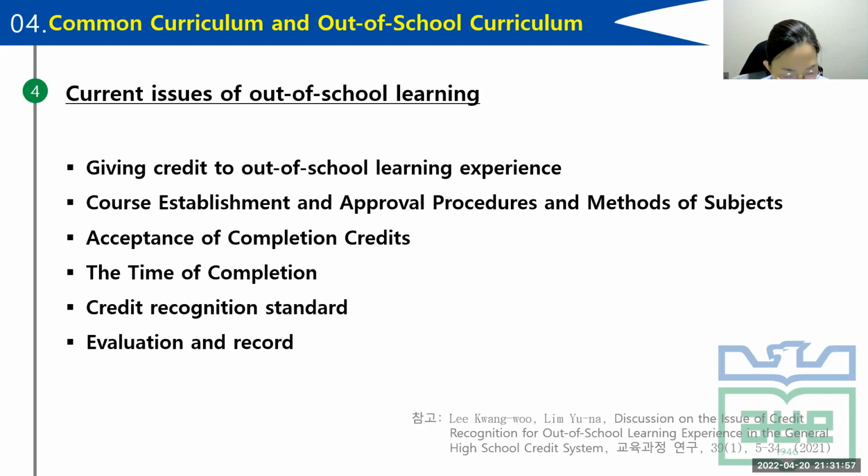And fourth, issues concerning the time required to complete the course. And another problem is the standard for recognizing credits. And the last one is issues concerning the evaluation of credits and the method of recording credit. Some of these problems are becoming obstacles to the high school credit system.